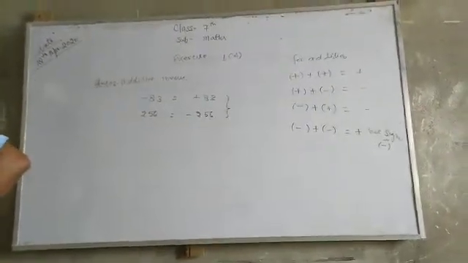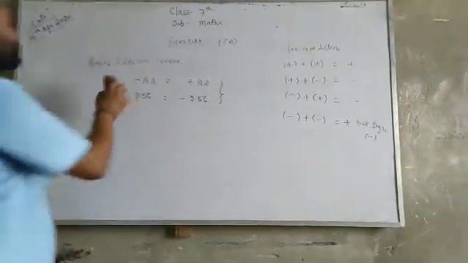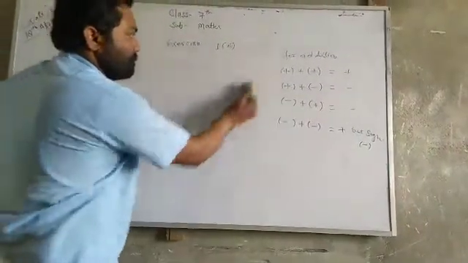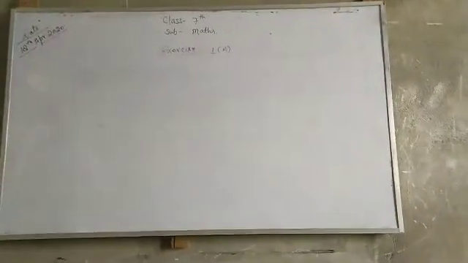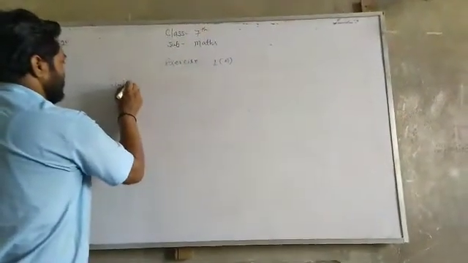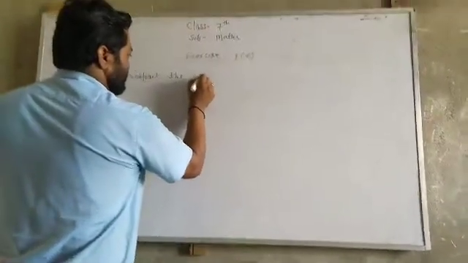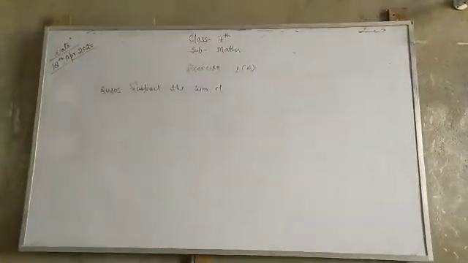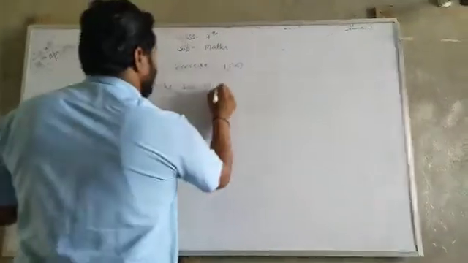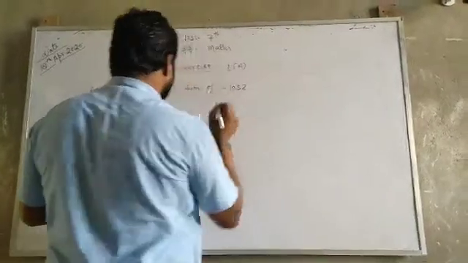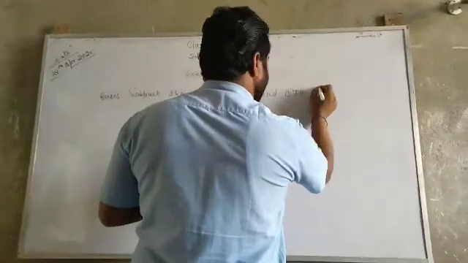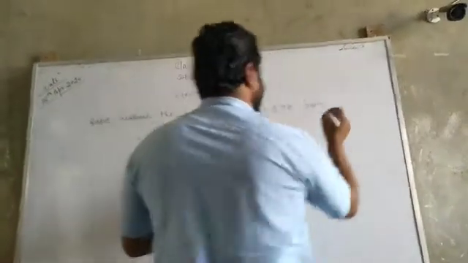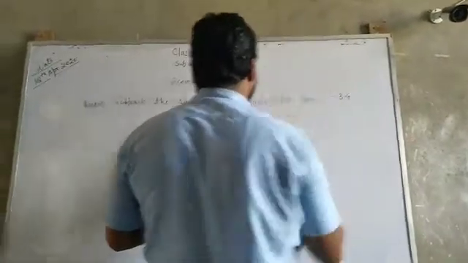Question number 5. Subtract the sum of minus 1032 and 878 from minus 34.